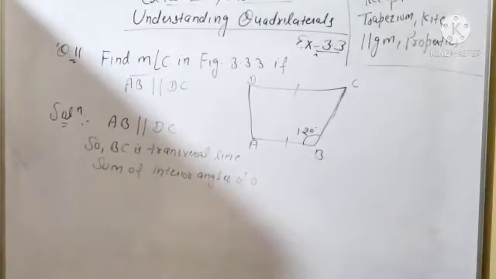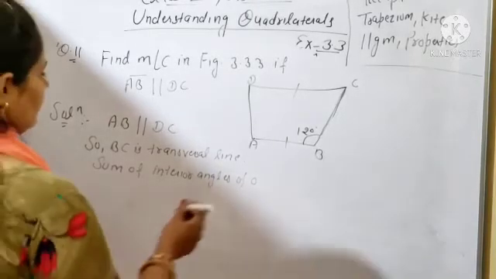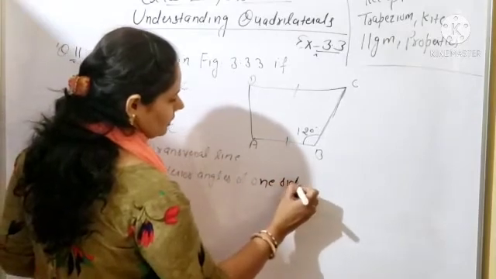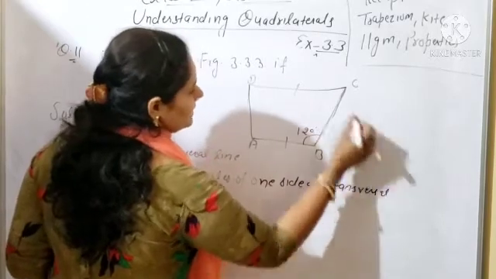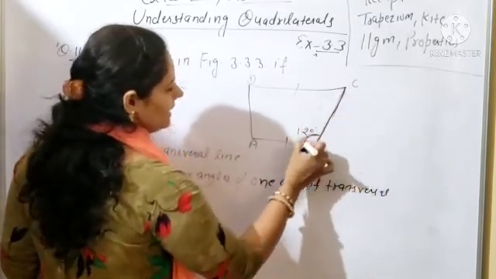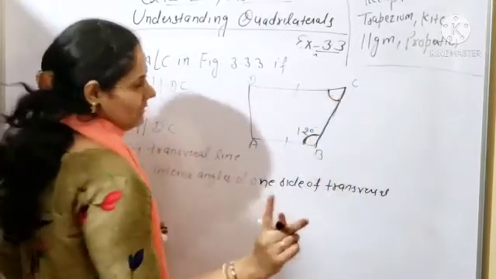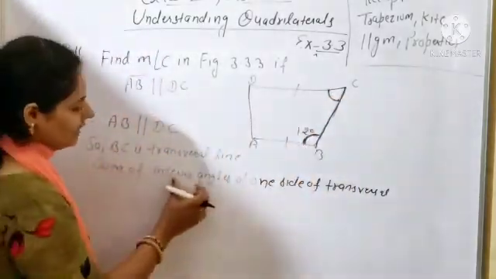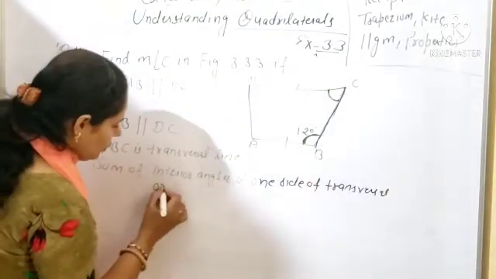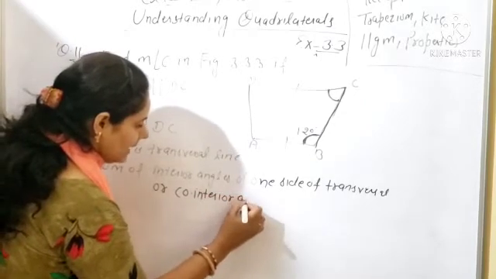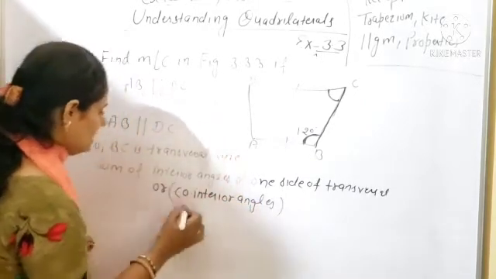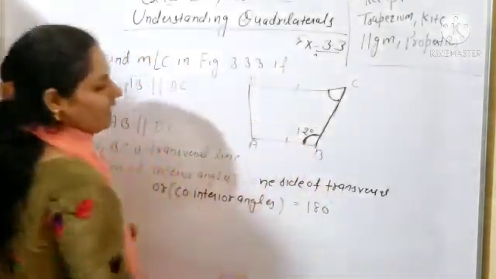Okay, this is transversal line and both the angles, this one angle and this one angle, these are one side of the transversal and both are interior angles. So you can say sum of interior angle of one side of the transversal, or you can give the name co-interior. These type of angles you can call co-interior angles, and the sum will be equal to 180 degree.